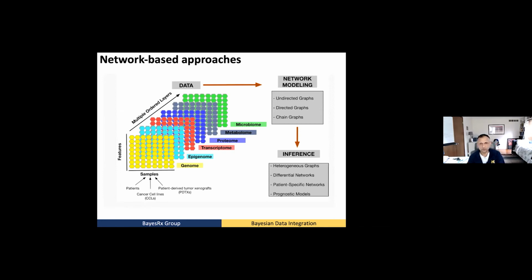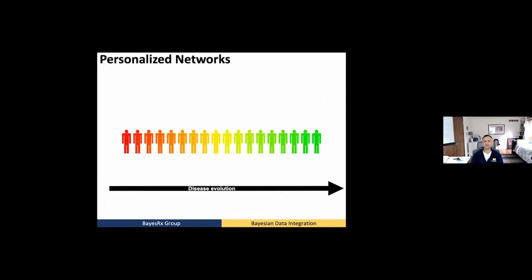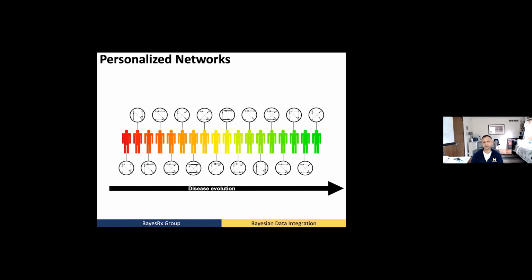So in terms of network-based approaches, this has been a pet project of mine over the last few years on the concept of personalized networks. When someone thinks about networks, it's usually a population level quantity, that means it's across samples. How do we, from static molecular data, get networks that could change across patients, not only the edges, which might be the connectivity between the genes, but also their strength, and how does that change across the samples, in this case the patients?